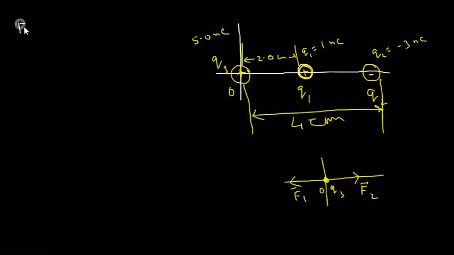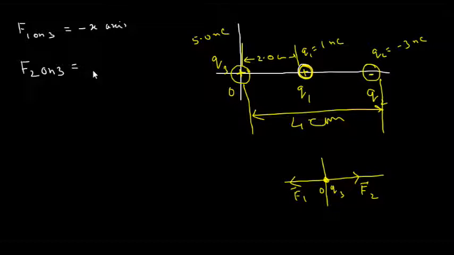F1 on 3 will be along the minus x-axis, and F2 on 3: F2 is negative, Q3 is positive, so it will be attraction.